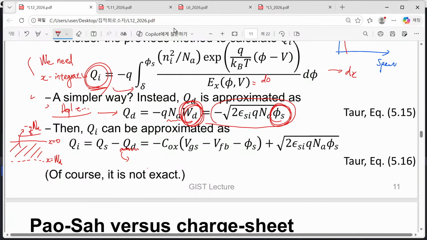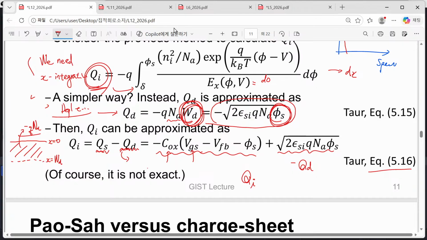Yes, so I think that this is really good enough to calculate Q sub S, and this is corresponding to minus Q sub D. So now we can have really simple expressions for Q sub I. Please revisit this equation. Do you know C_OX? Yes, we know. This is a known quantity.